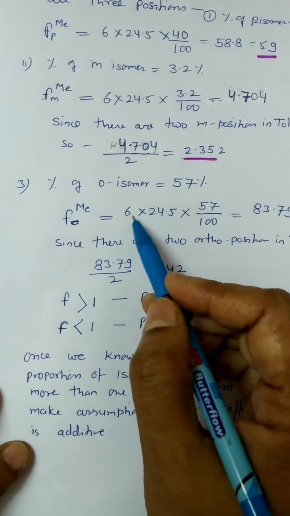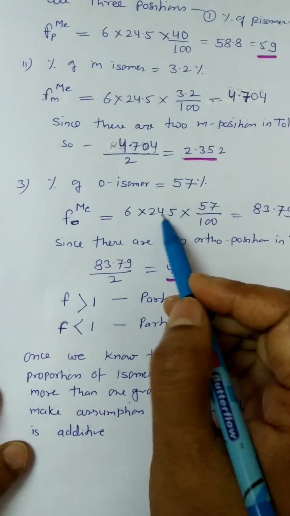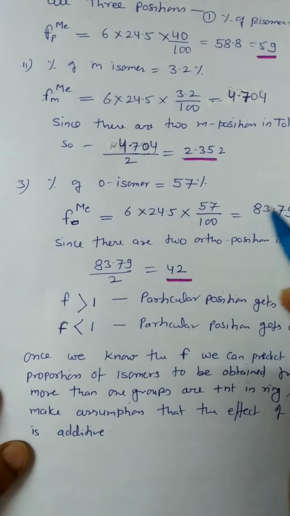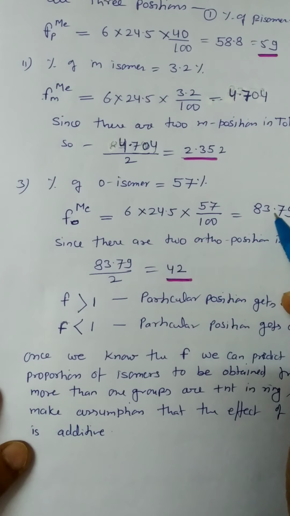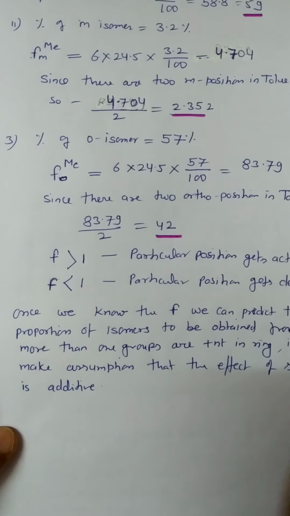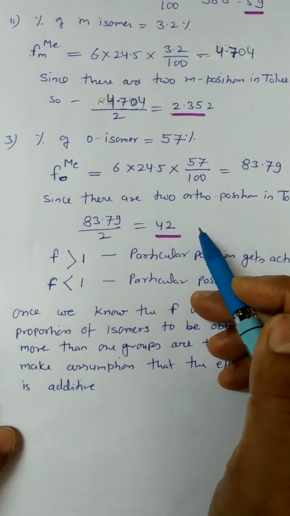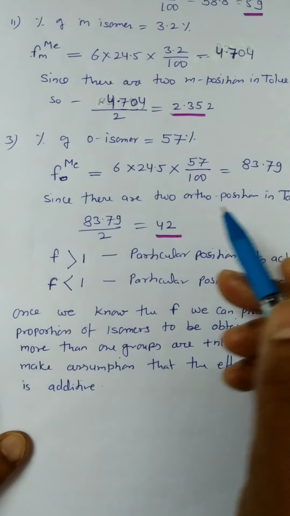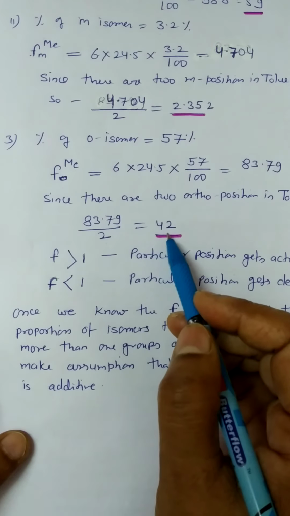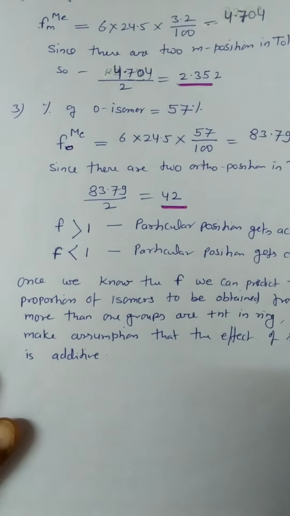The partial rate factor for ortho position is calculated by 6 into 24.5 into 57 upon 100. We obtain 83.79. Since there are also two ortho positions in case of toluene, we divide 83.79 by 2 and we get 42.